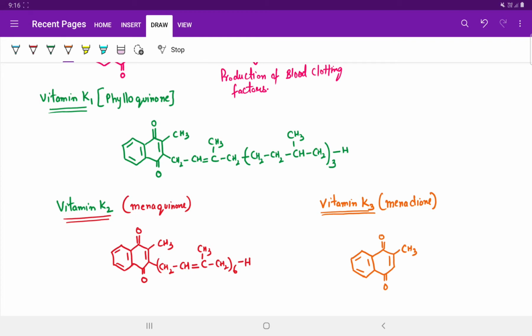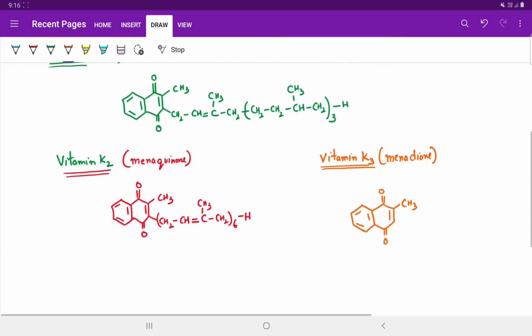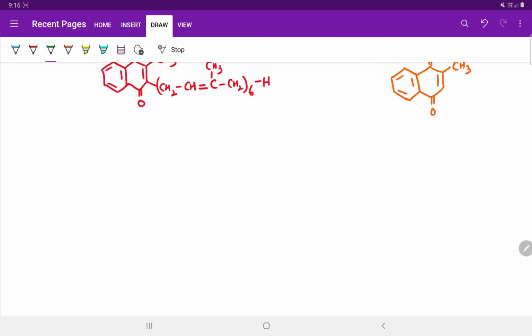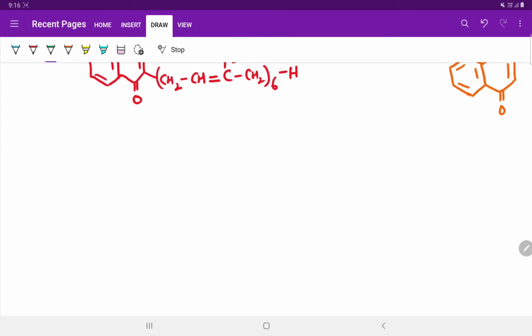Now what about the fate of its absorption, transport and storage? The vitamin K that is taken in diet or synthesized by the intestinal bacteria. So the intake of vitamin K is through diet.